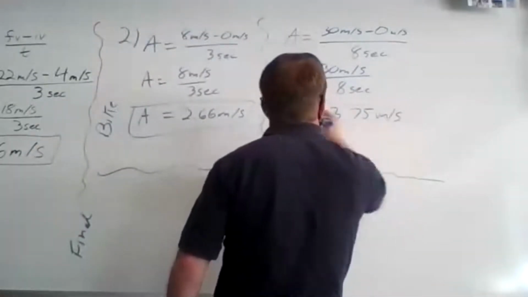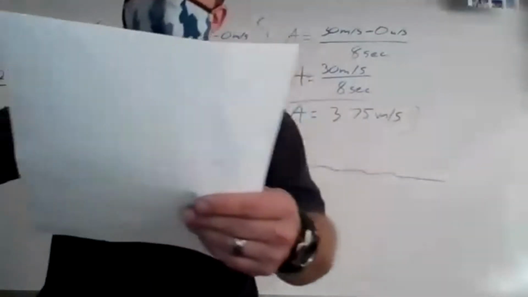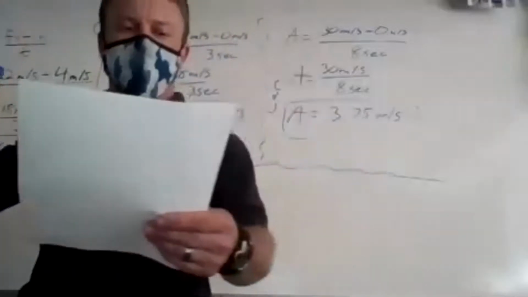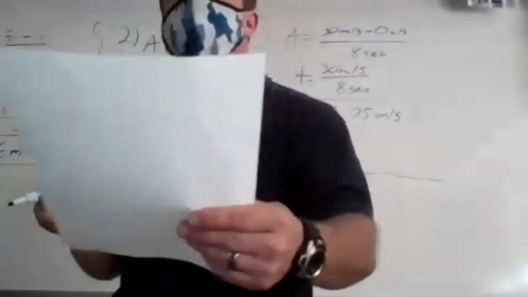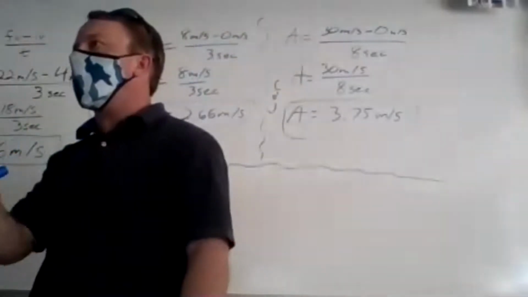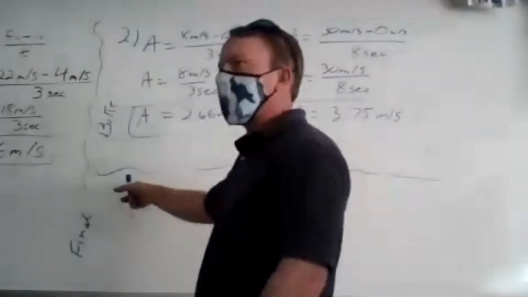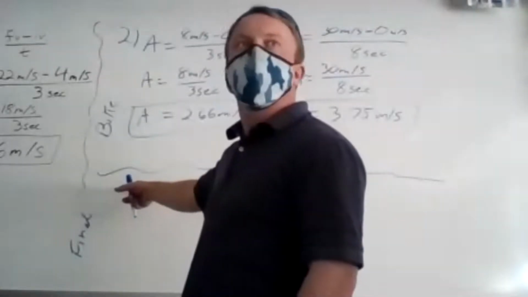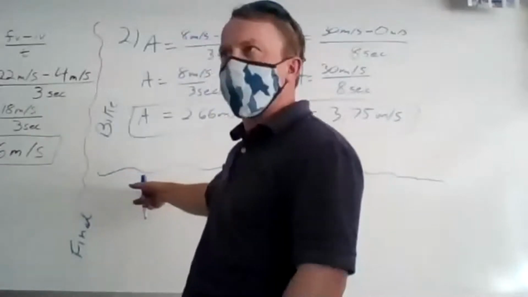Meters per second. Okay, the problem asks, is the bicyclist's acceleration higher than that of the car? So is the bicyclist acceleration rate higher or the car? Car. So do we say yes or no? We're asking about the bicycle. Is the bicyclist rate higher than the car?